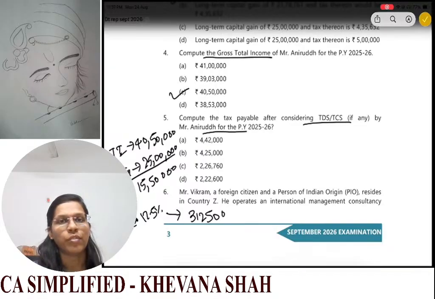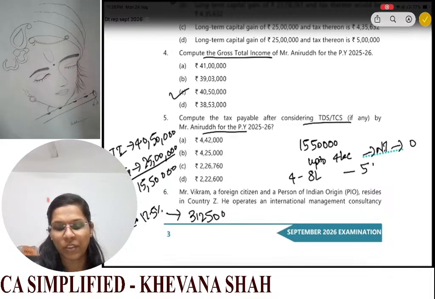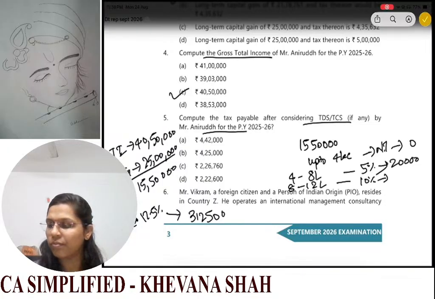Now tax on 15.50 lakhs I need to calculate. So on 15 lakhs 50,000 in the default tax regime, up to 4 lakh nil, 4 to 8 lakh 5%, that is 20,000, 8 lakh to 12 lakh 10%, that is 40,000.